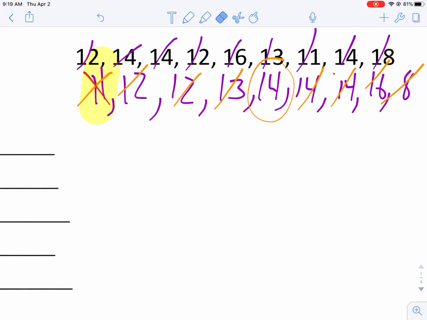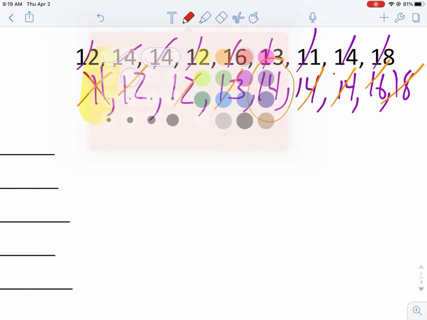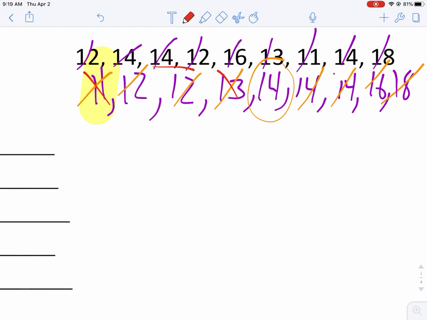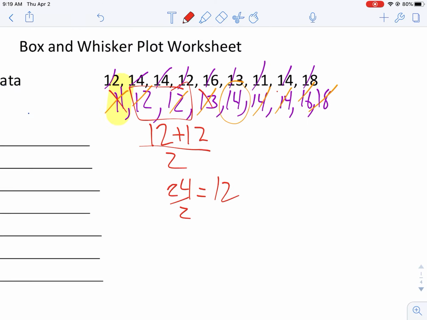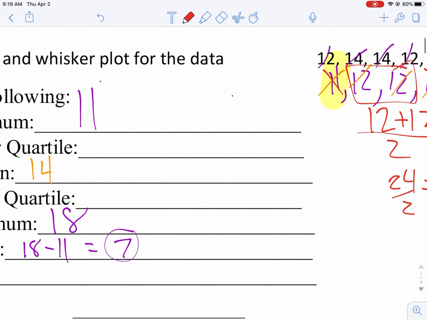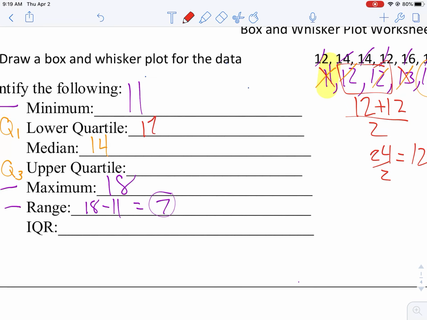I am fallible, ladies and gentlemen. I do mess up. Now I have these two in the middle for Q1. So, anyways, I'm sorry, I got distracted there for a second. So I have 12 plus 12 divided by 2, because I have 2 of them there. That's going to be 24 over 2, which is going to also equal 12. So my Q1, my first lower quartile, is 12.